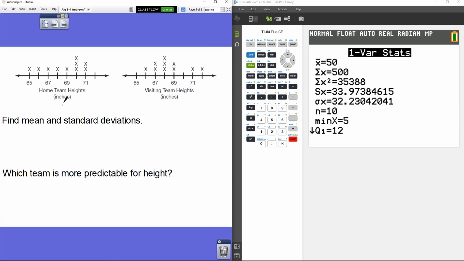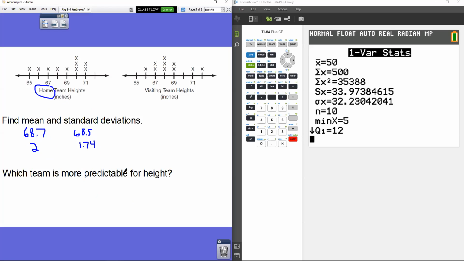For our mean, for this first one, for the home team, we got a mean of 68.7 when we type it in, and we get a standard deviation of 2. For our visiting team, we got a mean of 68.5, and we got a standard deviation of approximately 1.74.